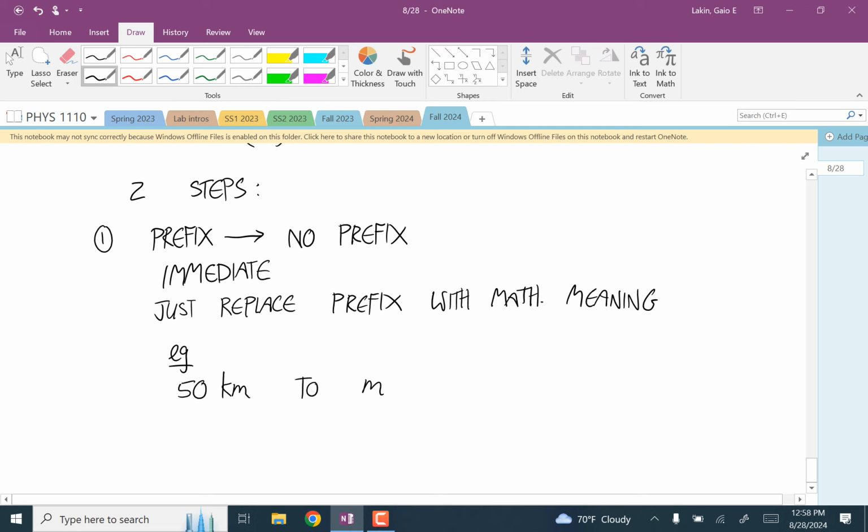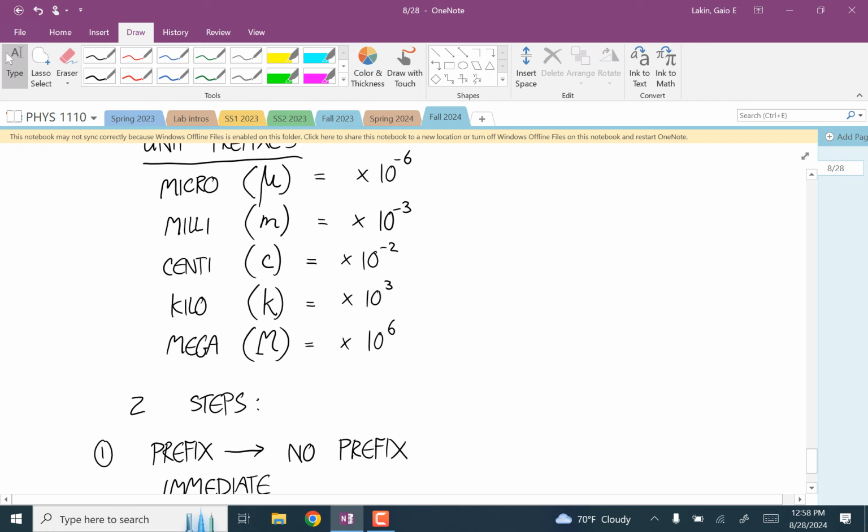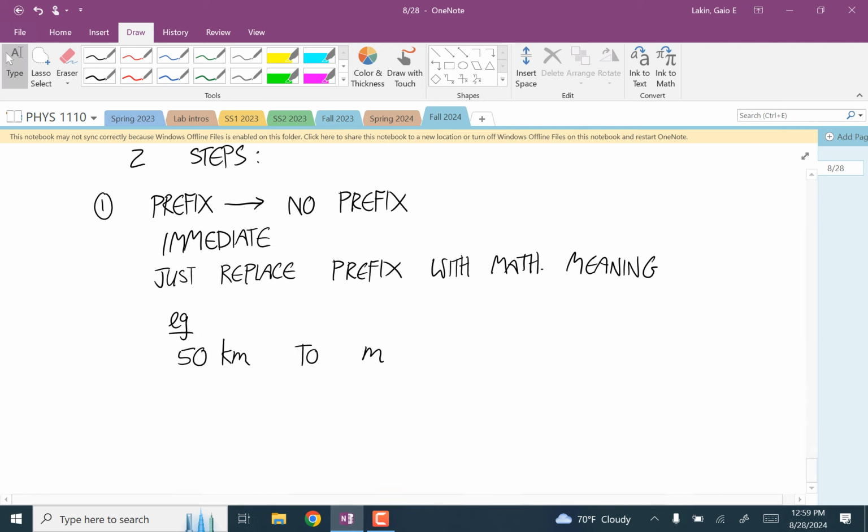I'm just going to replace the K, the kilo prefix, with times 10 to the third. And then just put it in standard or scientific notation and you're done. So this is like 5 times 10 to the fourth meters.